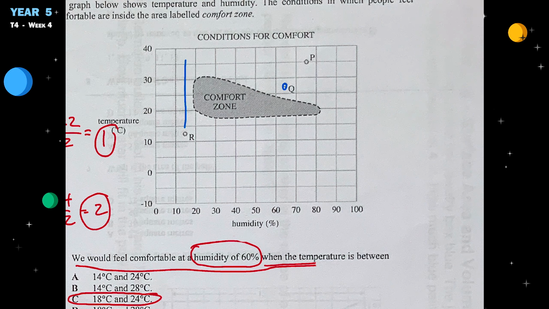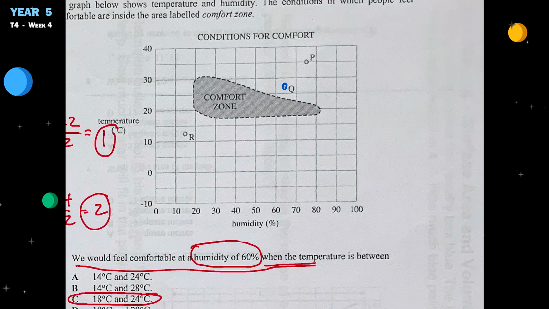Doesn't matter how hot or cold it is, there's just too little humidity. It's just too dry. So because it's too dry, people are not going to get comfortable regardless of what temperature you change it to. And also the temperature is actually at about 11 degrees.